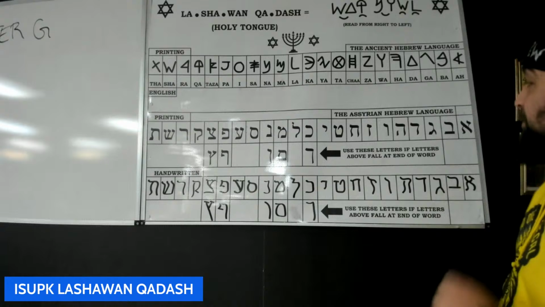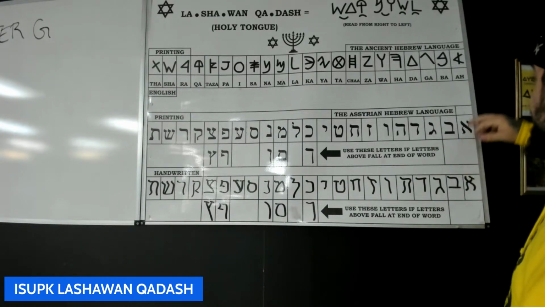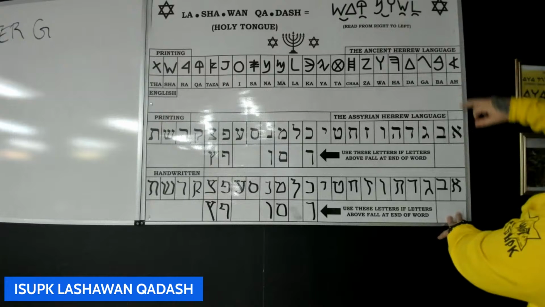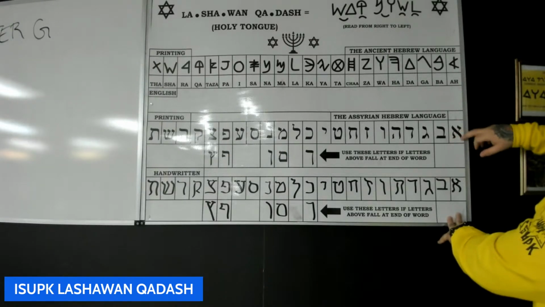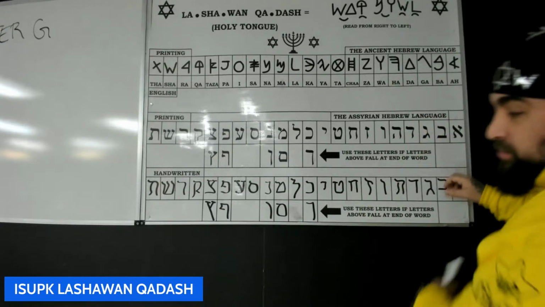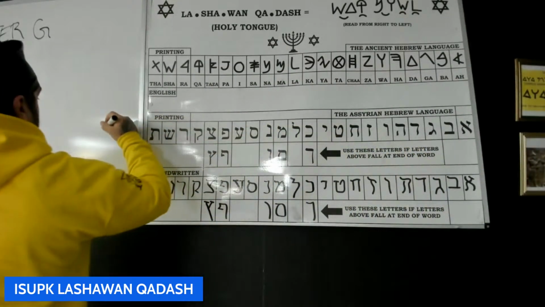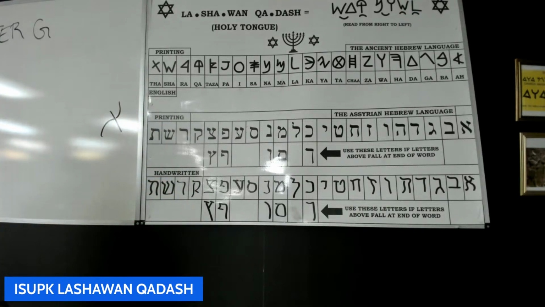This is where it gets a little complicated when we start going over the Assyrian. The I in the Assyrian looks kind of like an N, but you'll do a little slope. Boom. Boom. And that's your I. I know we go over this every week, but if we go over it, we'll get better at it.